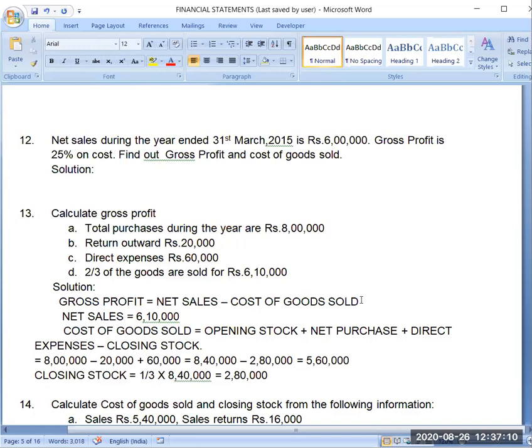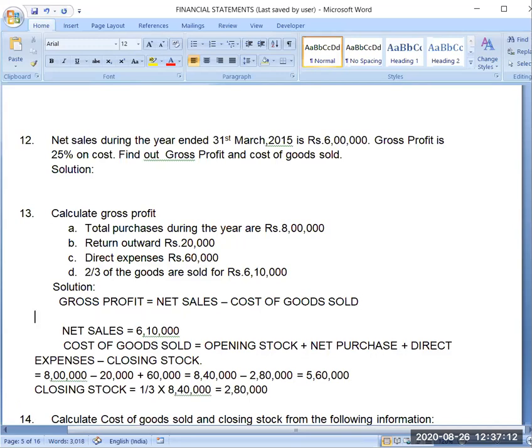So in that manner, I can calculate my gross profit. 6 lakh 10,000 minus 5 lakh 60,000. It will become 50,000. So my gross profit will be 50,000.